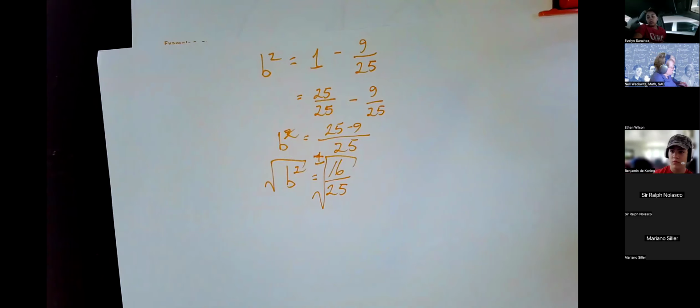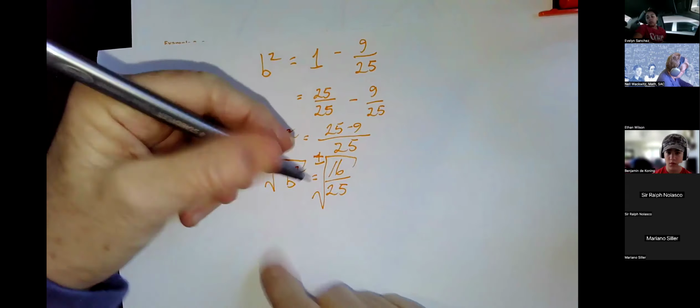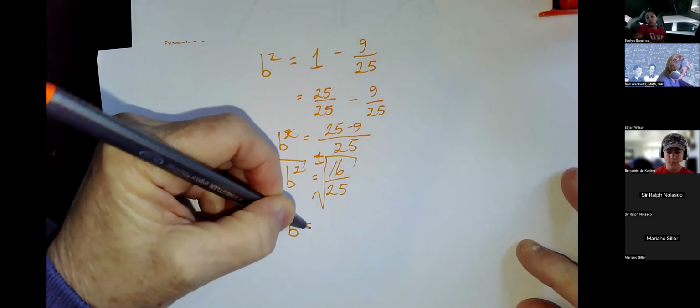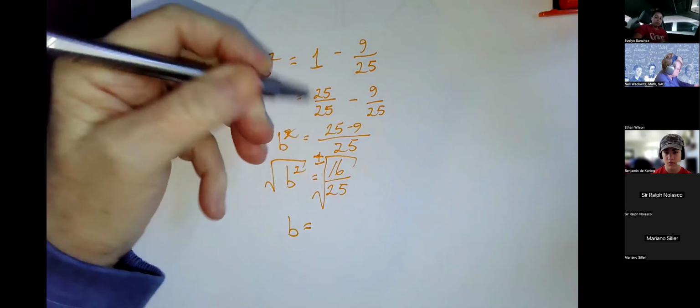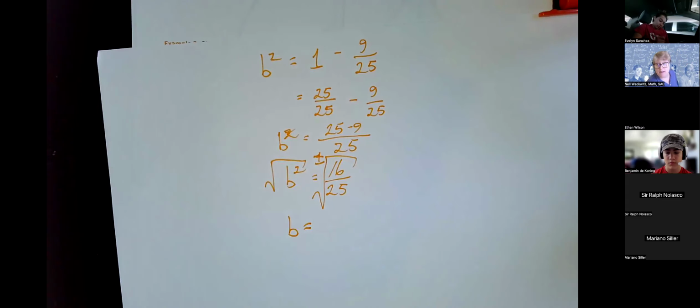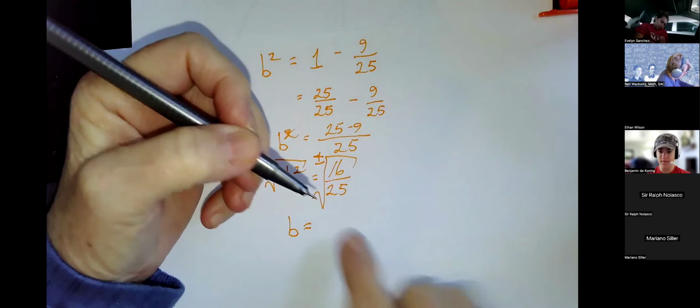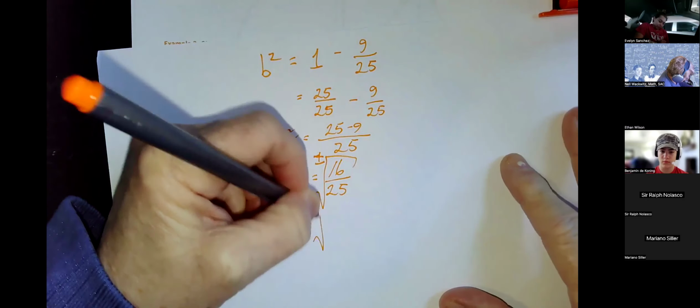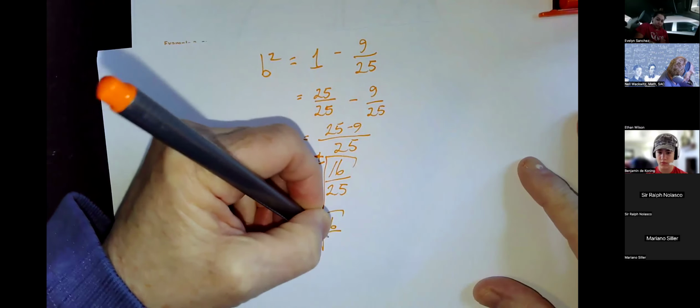No, wasn't. So square root of B squared is B. Why do I not need the plus or minus at the next step? Because we're measuring length, and length can't be negative. Good. And I'm going to go ahead and put this here still.